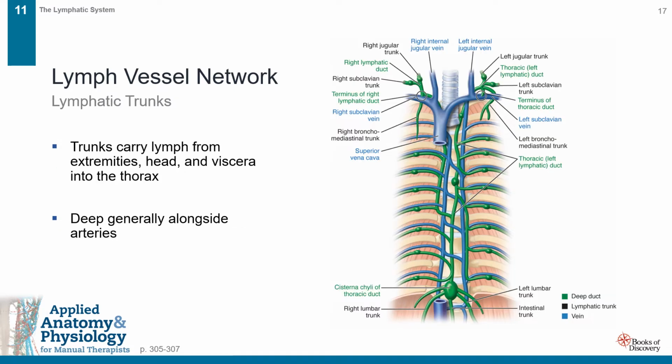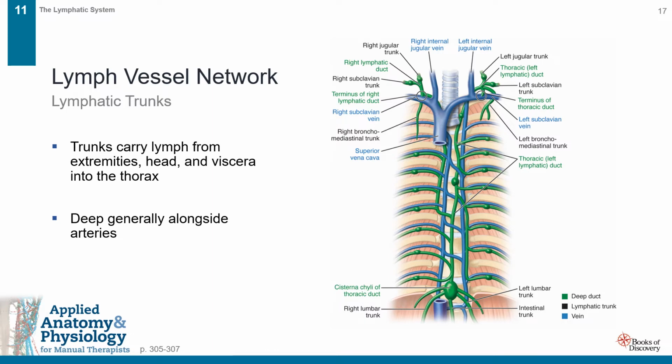Now let's take a look at the lymphatic trunks. The group of collectors that carry lymph from the extremities, head, and viscera into the thorax are called the lymphatic trunks. These lymphatic trunks lie deep within the body tissues and, like deep collectors, are generally situated alongside major arteries.